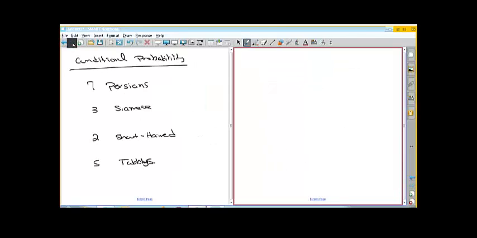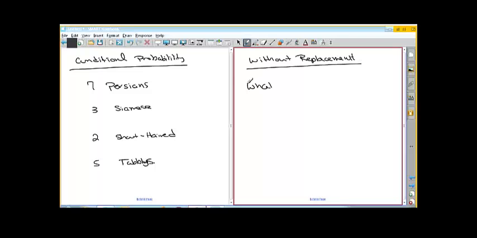Okay, so we got 4 different kinds of cats. So conditional probability is when you pick 2 things, and the first choice may impact the probability of the second. In the case of conditional probability, you've got with and without replacement. Well, with replacement is kind of boring, so we're going to do without replacement.